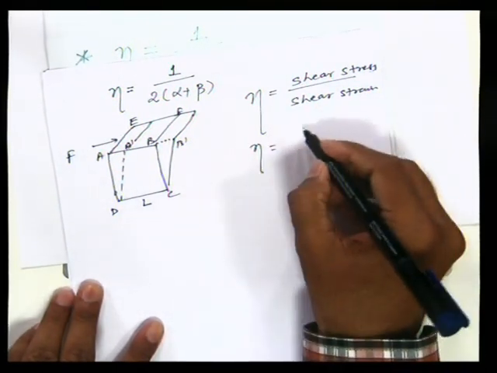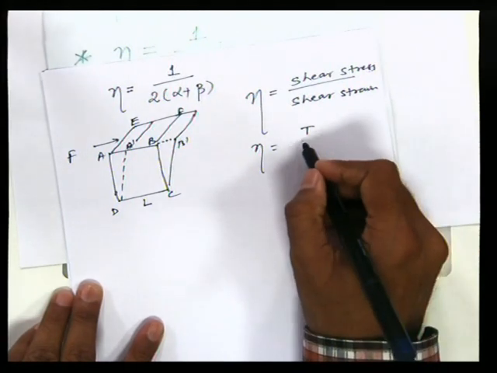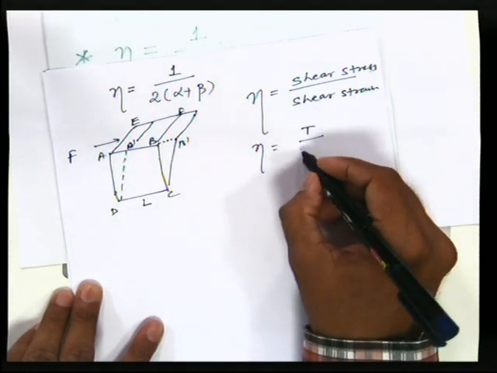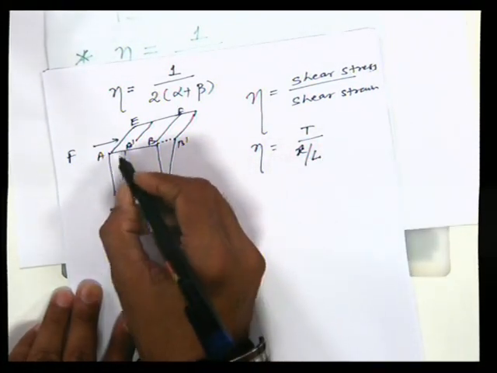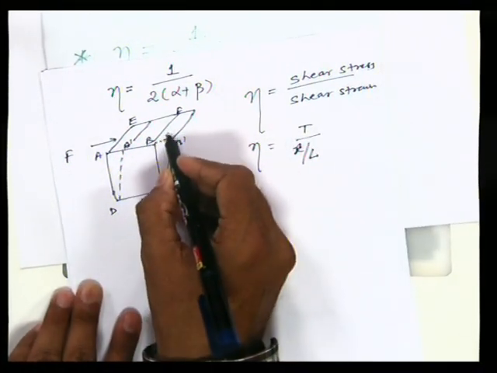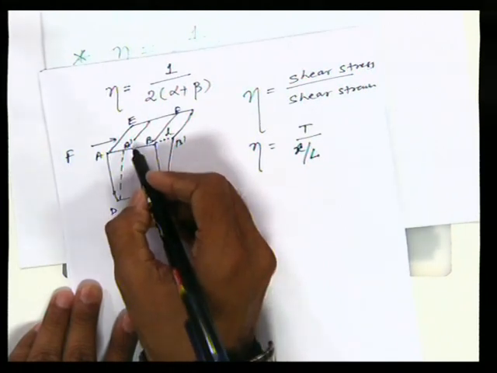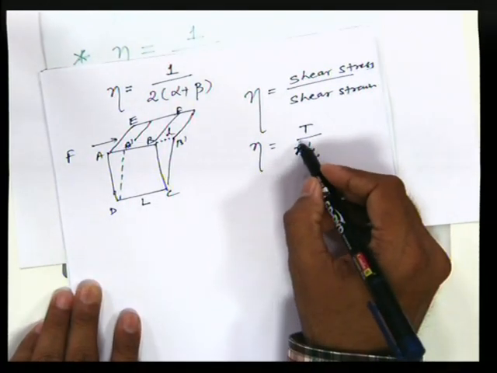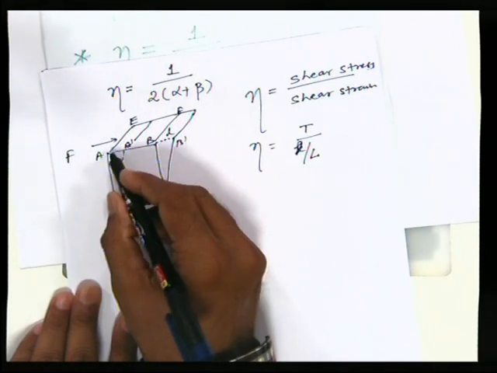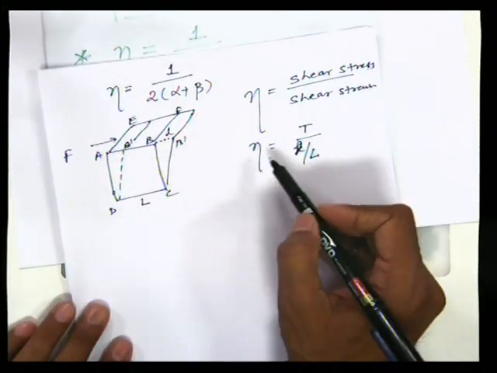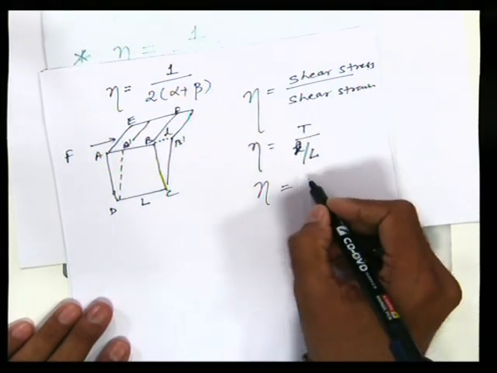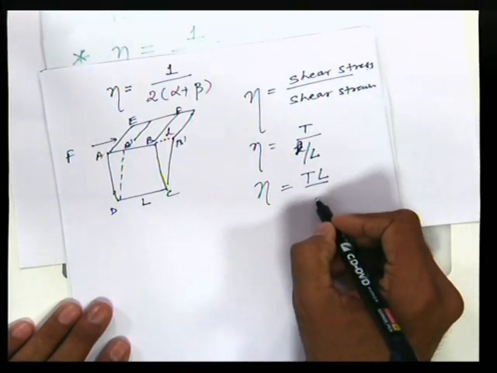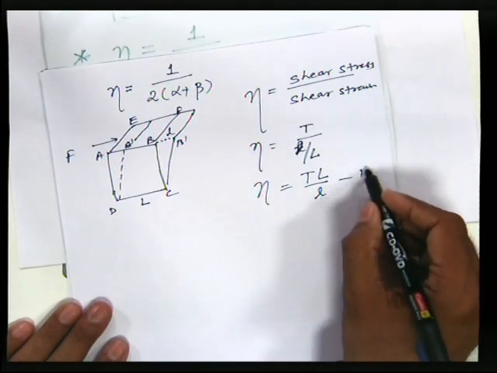So eta equals tension T divided by shear strain, that is small l divided by capital L. So here small l, that is the displacement B to B dash and A to A dash, this displacement will equal small l, and capital L is the distance AD, this distance equals capital L. So here eta is therefore equal to T into L by small l. Say equation 1.